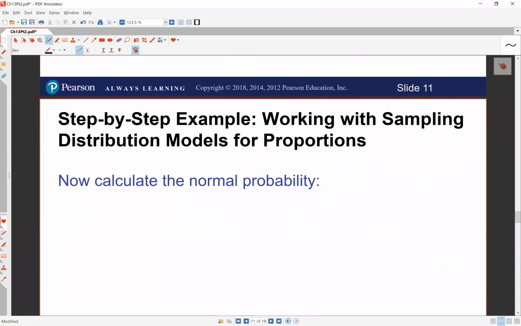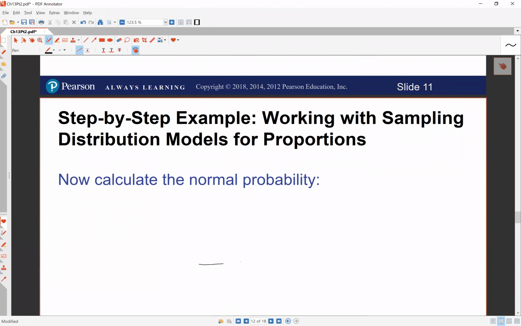So I want to calculate the normal probability of having, on this bell curve centered at P, I want to know if my p hat is 0.185, how likely am I to have more than that, or a proportion larger than that?